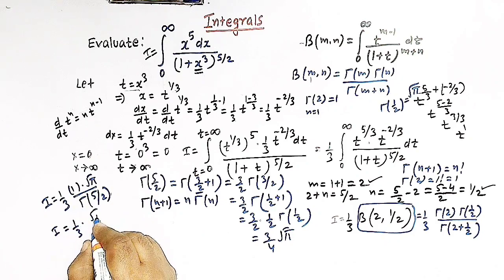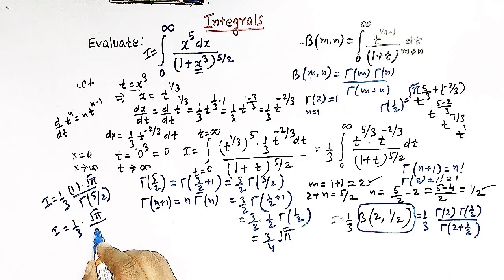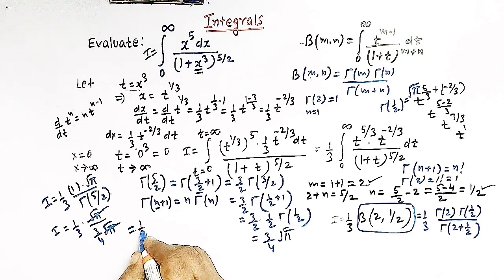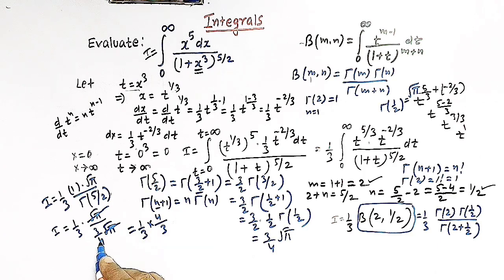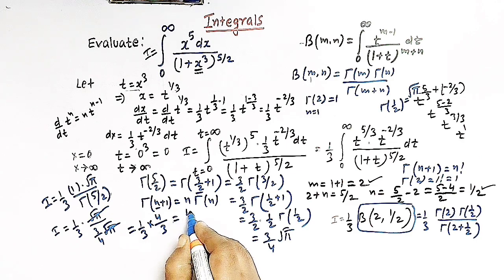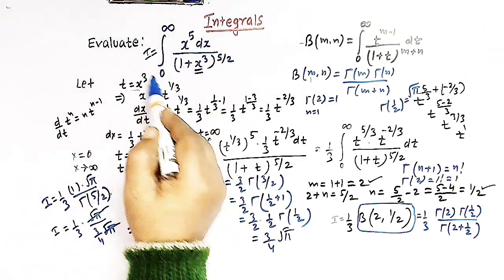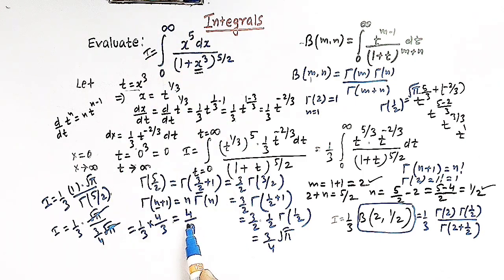This is root pi, and here we have 3 by 4 times square root of pi. So these two terms get cancelled, and we have 1 over 3 times 4 over 3. So we'll take the reciprocal of 3 by 4. So here we have 4 over 9. So viewers, the value of this integral is equal to 4 divided by 9.